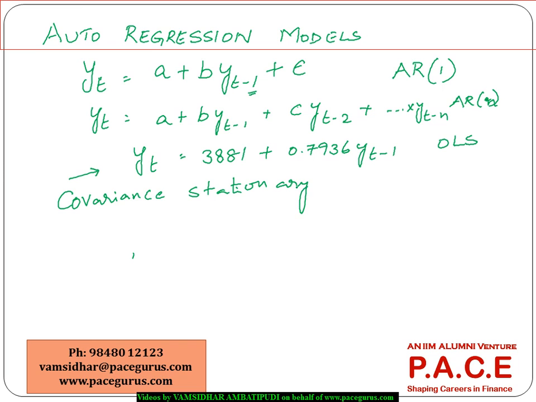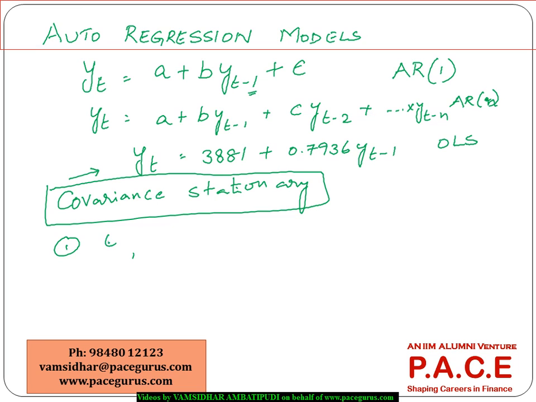My time series needs to be covariance stationary. What it means is, I take the expected values or the means of the data for any few sets of values, probably the last 1 year, 2 years, continuous, at any point in time when I take the expected value of the time series, it should be more or less constant.